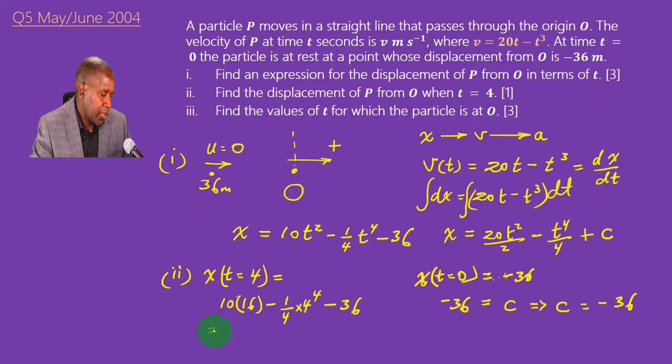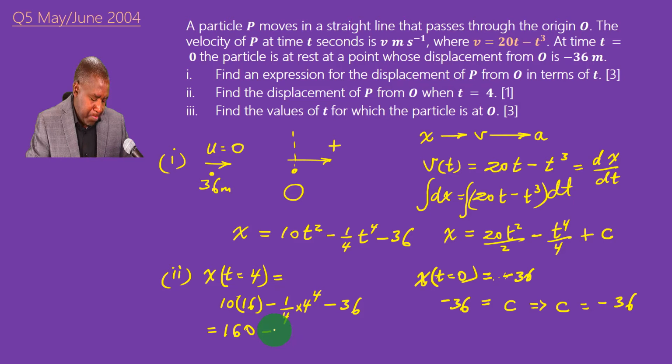Of course, here I'm going to find that this one will be equal to 160 minus 4 cubed, because one of the 4's cancels out there.